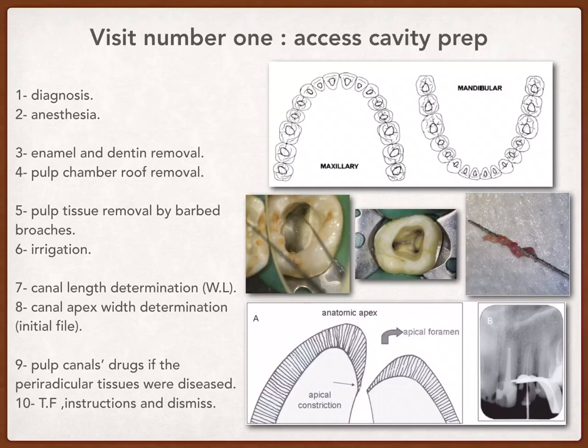And when we examine the patient, we will mostly see that there is some pain on percussion, vertical or lateral percussion to the tooth, and we may see an abscess or swelling around the apex of the tooth.